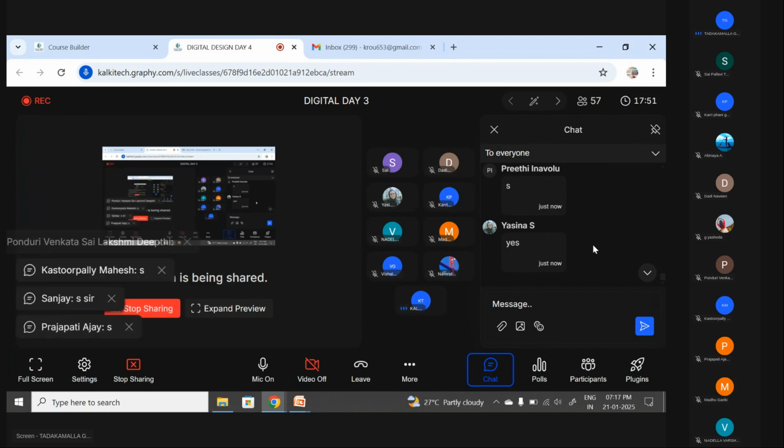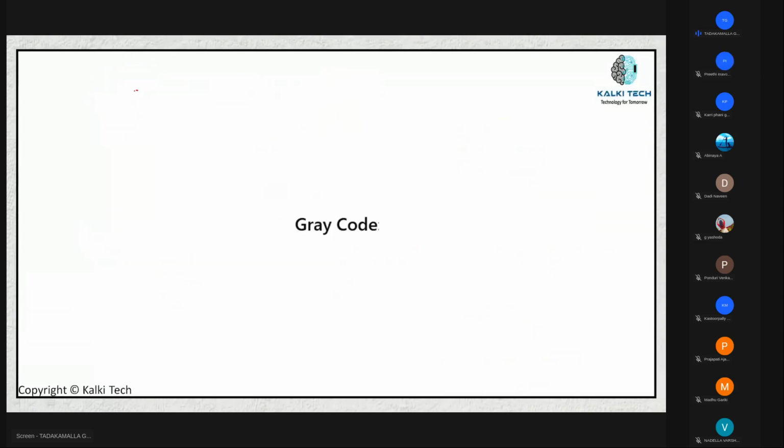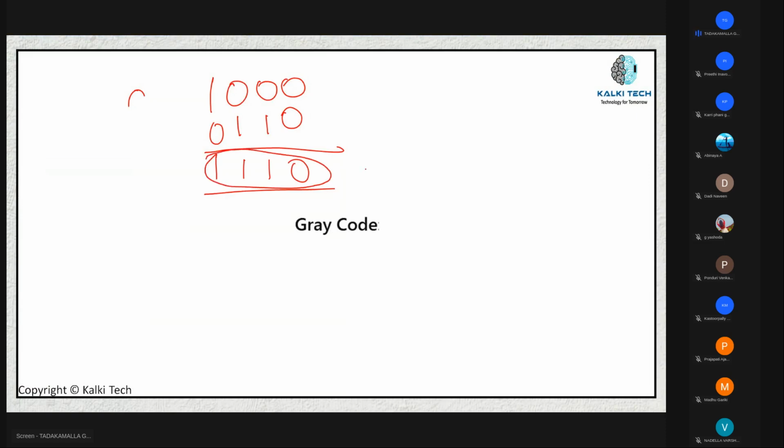Coming to BCD addition, we have taken some examples, right? Let's say 1000 followed by 0110. Let's say we are adding these, and the sum is 1110. Is this code present in BCD representations?